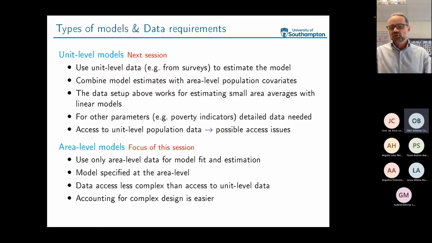So if you want to use unit level models to do some poverty mapping exercise, in most cases, the assumption is that you will have access to population level microdata. That means that some of the popular methods that are used for poverty mapping require access to census microdata.